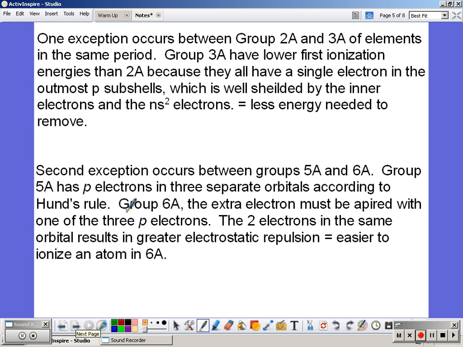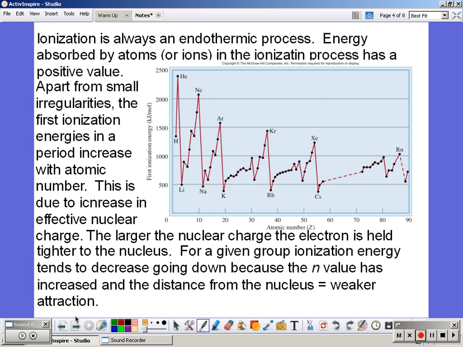So if we go back to our graph, we see a blip occurring between 2 and 3. Oh, that's the d block. So why is 3A lower than 2A?